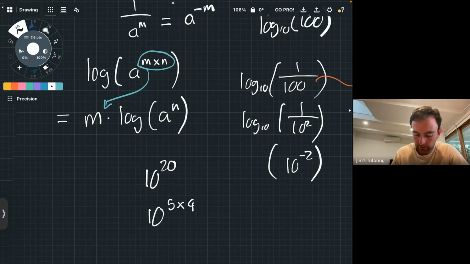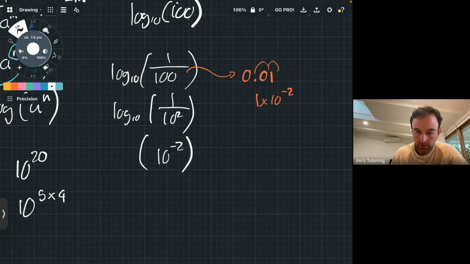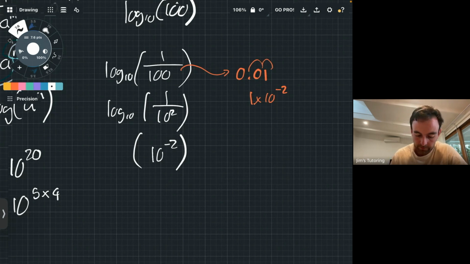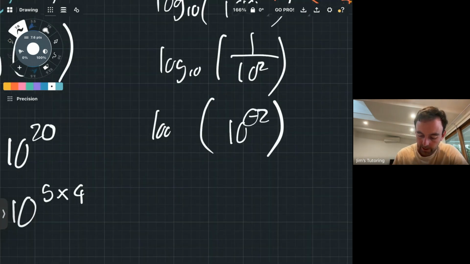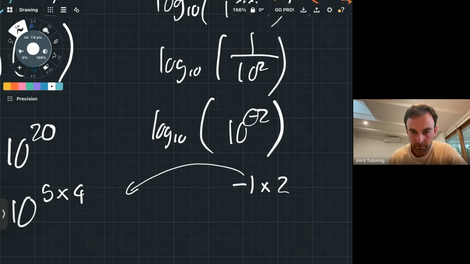And why I'm telling you this log law is, just keep it as a hint, because there's a question coming up where I think this might be useful. But when you have this negative power here, you can then take that out the front of the log, because it's the same as -1 times 2. So it means we can take the negative out the front of the log.